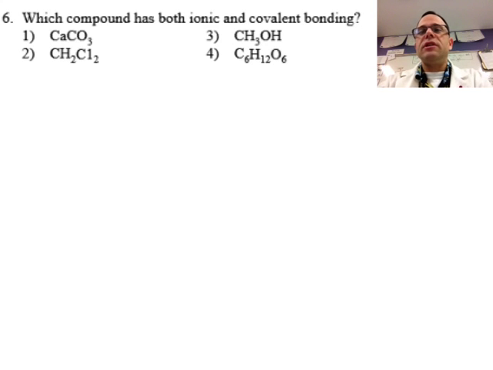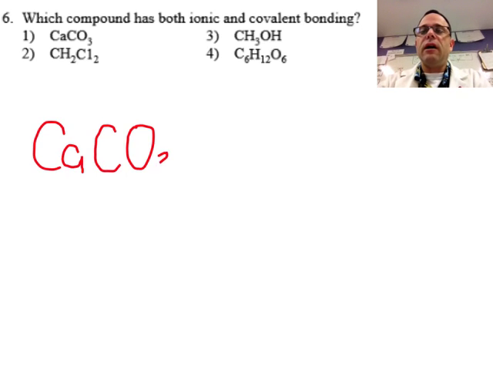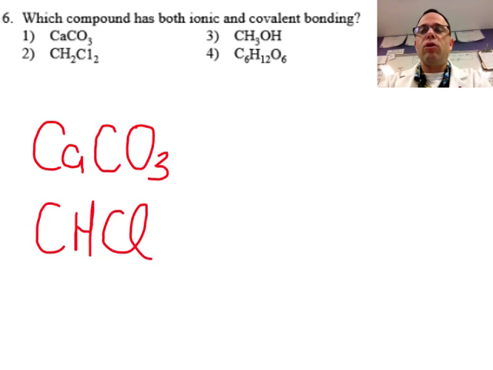Now question number 6, using similar logic, which compound has both ionic and covalent bonding? I'm going to focus on the elements present, and for choice number 1, I see calcium, I see carbon, I see oxygen. There are 3 different elements. Choice 2, I see carbon, hydrogen, and chlorine.